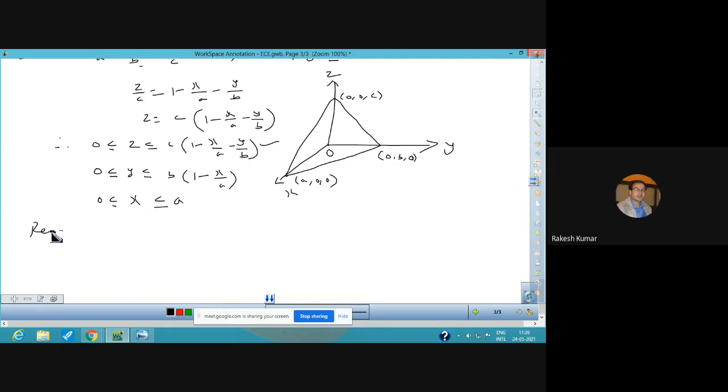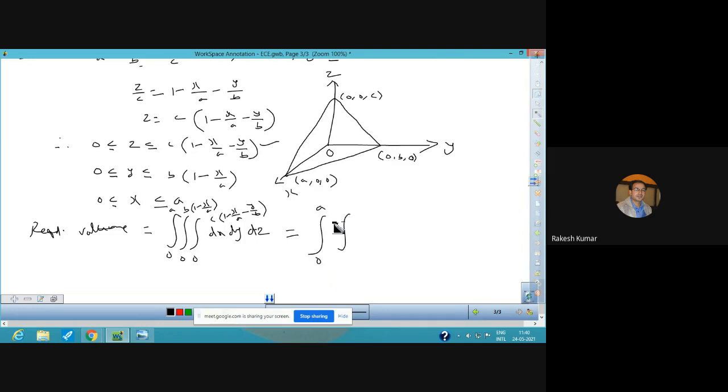And your required volume will be the triple integral dx, dy, dz. And you can use the limits. The limits are 0 to a, 0 to b into 1 minus x over a, and 0 to c into 1 minus x over a minus y over b. Now you can integrate it.